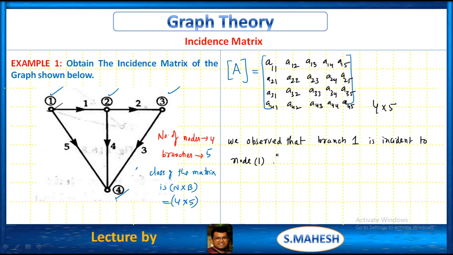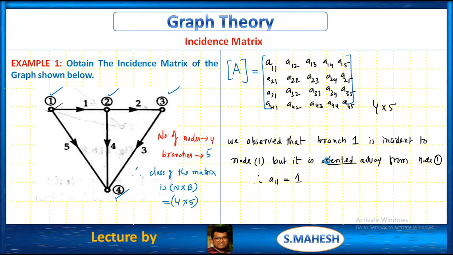Branch 1 is incident to node 1, but it is oriented away from node 1. Therefore, A11 is equal to 1 only, right?